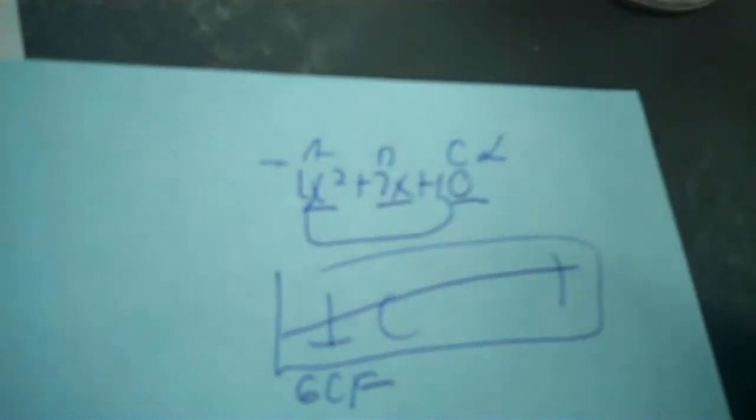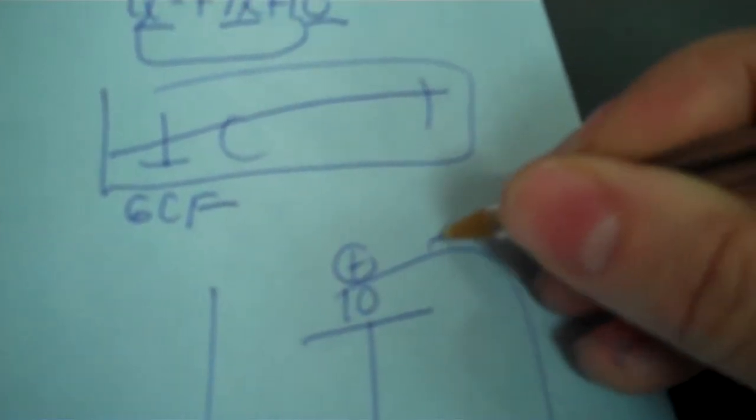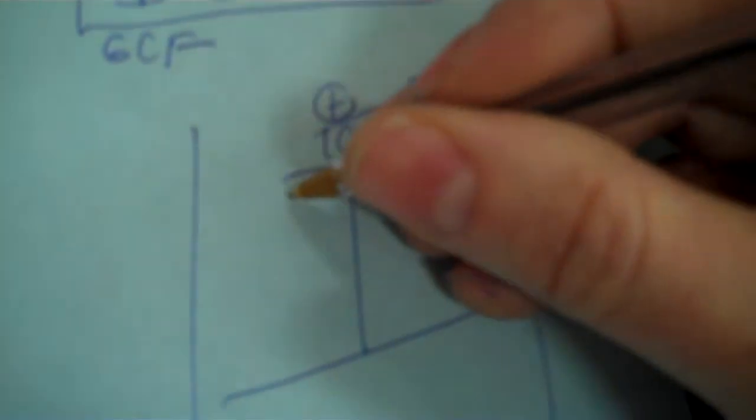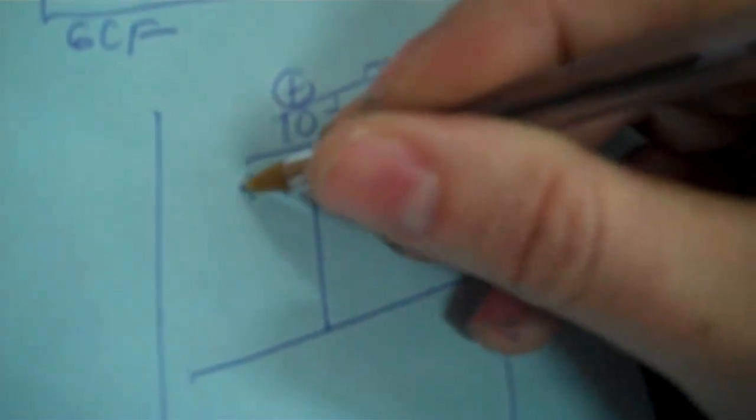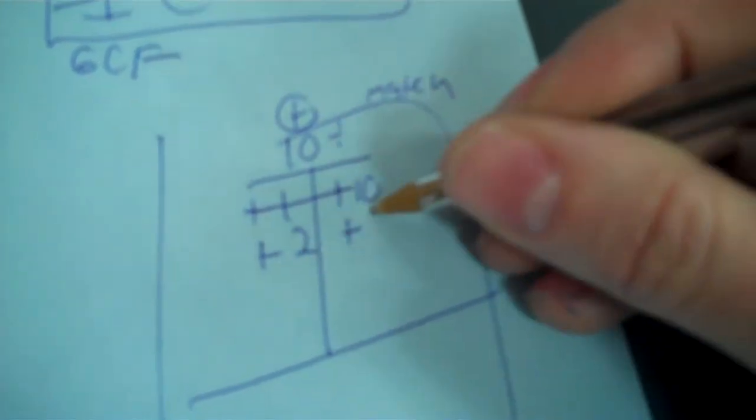So that's 3 terms, GCF, table. 1 times 10 is 10. Positive 10, it's got to be a match. It's got to add to positive 7 so they'd match as positives. So 1 and 10, no, it's 11. 2 and 5, there's your 7.